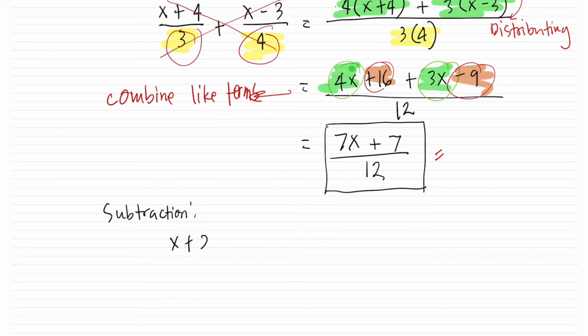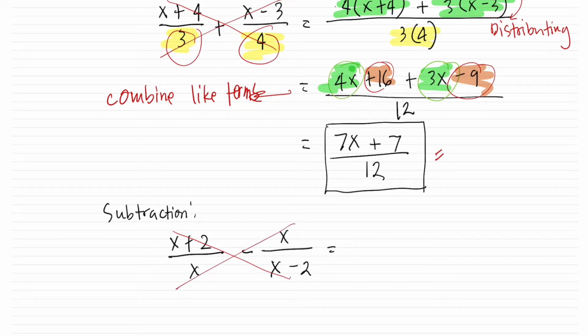For example, we have x plus 2 over x minus x over x minus 2. The first thing that we're going to do again is cross multiplication.